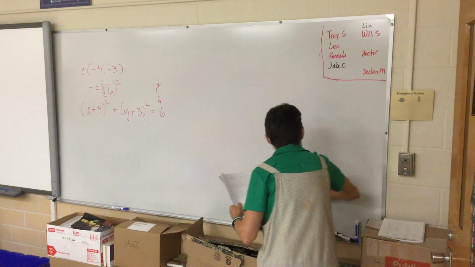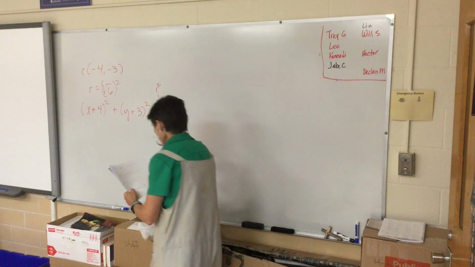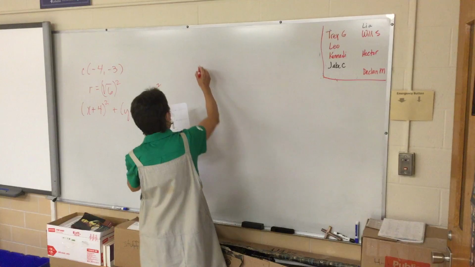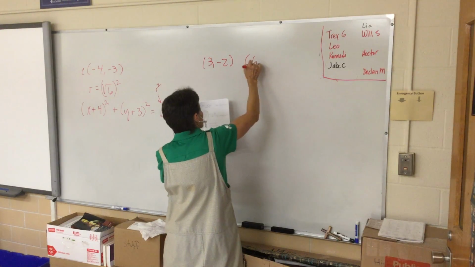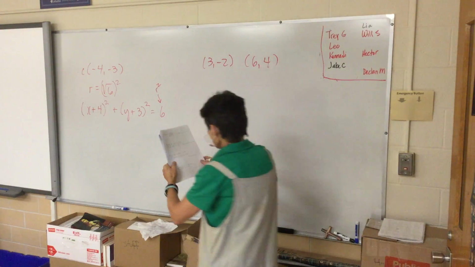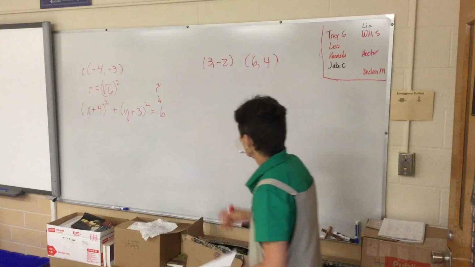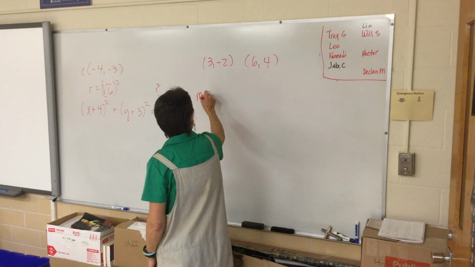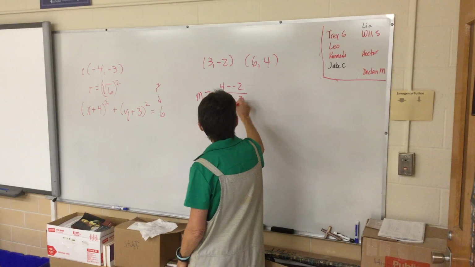Alright, what's next? Alright, the equation of the line. Okay, so what do we do to start when we have to write the equation of the line? Slope. So slope will be 4 minus negative 2 over 6 minus 3.